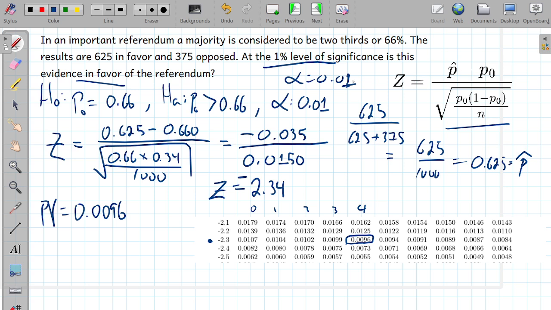And what do we have? This is less than. Not by much, but it is less than. It's very close. Now, we would reject the null hypothesis, and we do have some evidence in favor of the referendum, but man, that's pretty close.